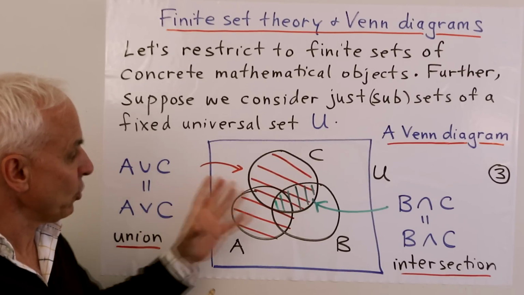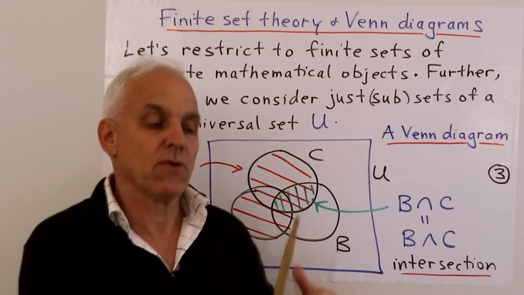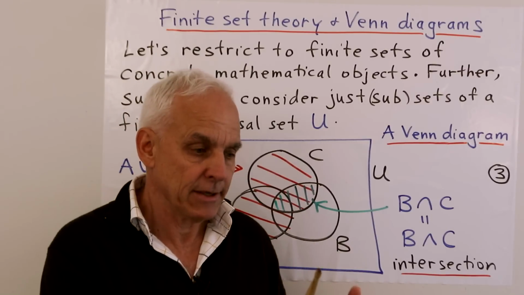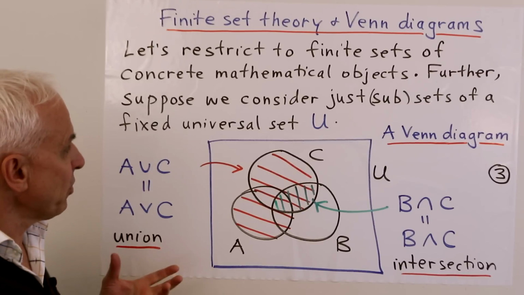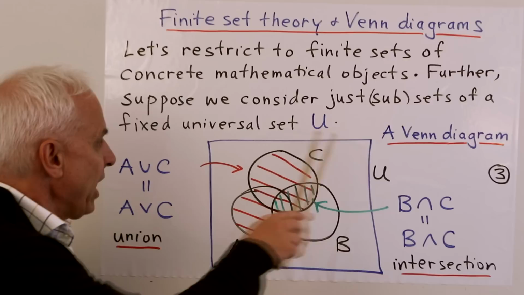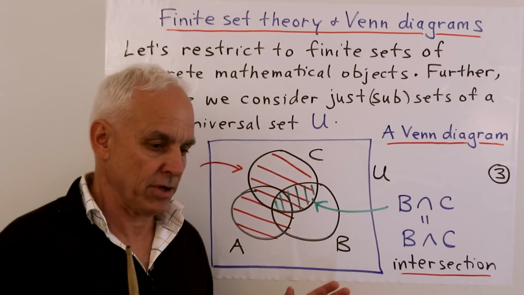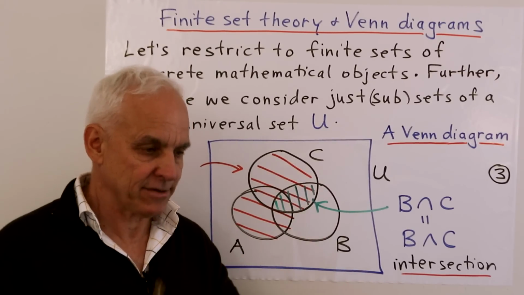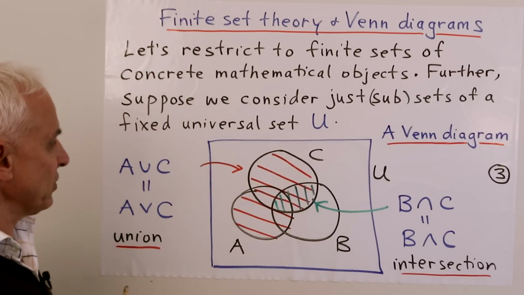So let's have a look at how the Boolean algebra fits with this very classical, very concrete, very finite set theory. So the idea is we're considering very explicit mathematical objects, and we imagine that we have a universal fixed set, say U. Okay, so it's a finite set, and it's very explicit and concrete and consists of mathematical objects of a certain kind.